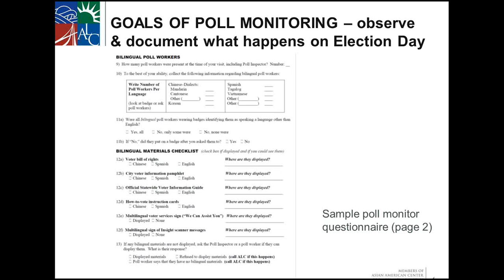Outside of the bilingual election judges and the ballot being available in Hindi on the touchscreen monitors, none of the signs, the Voter Bill of Rights, or instructions on how to vote made it to the polling sites. So because we were out there in the morning poll monitoring, we were able to report that to the Cook County Clerk's office, and they were able to get all the materials from the warehouses that were inadvertently left behind to the polling sites for the evening rush.